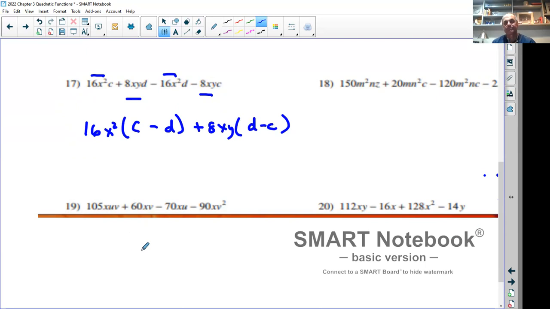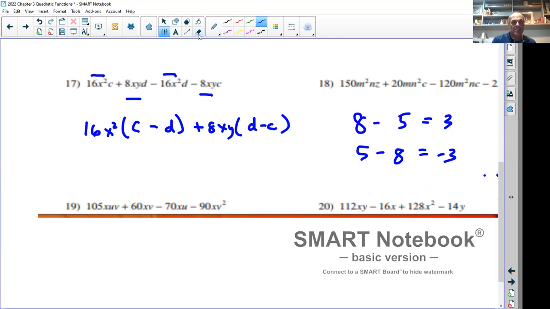This is not a match. But what's the difference between C minus D and D minus C? What's the difference between 8 minus 5 and 5 minus 8, right? Same two numbers, but in reverse order. That's 3, that's -3. They are numerically the same, but they have the different sign.